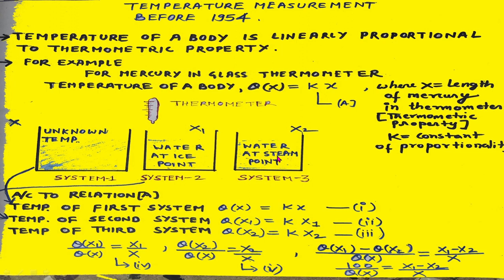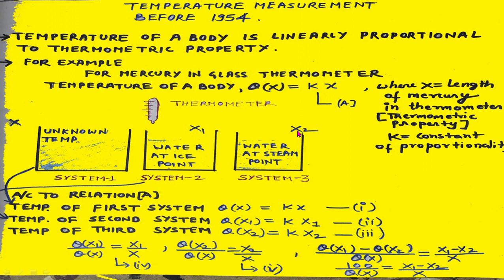Now the method adopted was that the mercury in glass thermometer was dipped separately in each of the three systems, one by one, and the length of the mercury column was noted as x, x1 and x2 as shown here. These are the lengths of the mercury column noted by the mercury thermometer for the three systems.